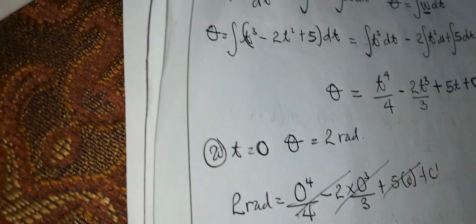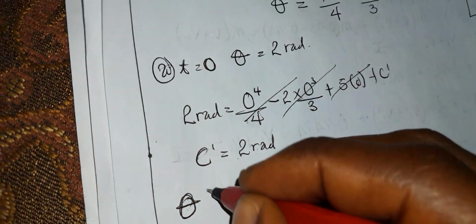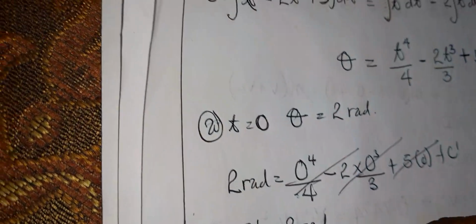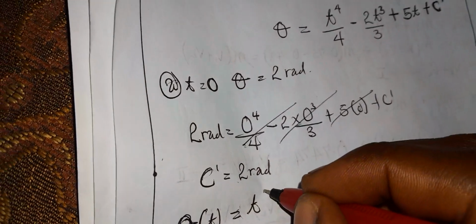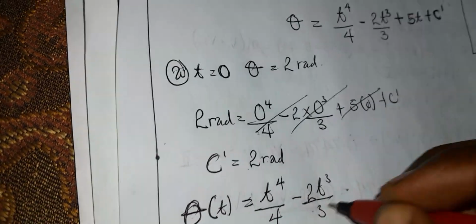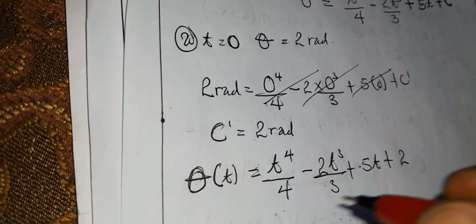So I'll substitute the value here. It means theta with respect to time equals t to the power of 4 over 4 minus 2t to the power of 3 over 3 plus 5t plus 2.